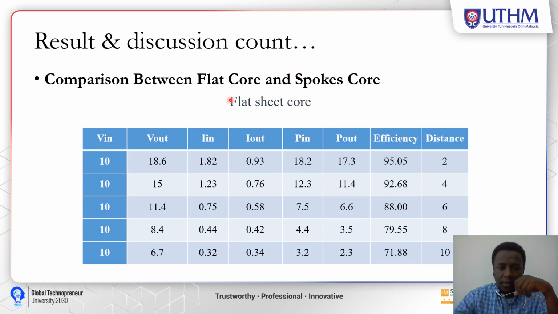So this is the comparison between the two systems, the flat sheet and the ferrite spoke. Normally we look at the efficiency because this is what we mostly focus on. Here we take the input voltage as 10 volts, measure the output voltage as well as the output power and input power, and compare to the distance. At 2 cm, the efficiency is like 95%, and at 10 cm, the efficiency drops to 71%.